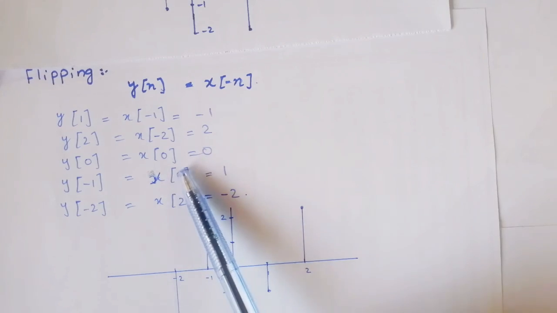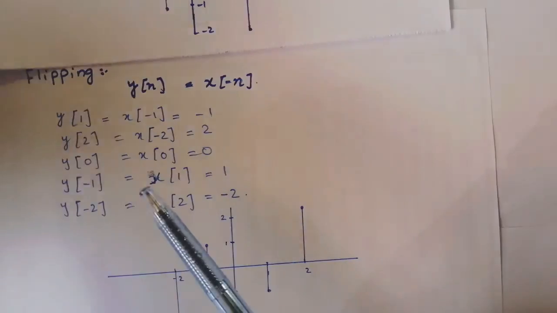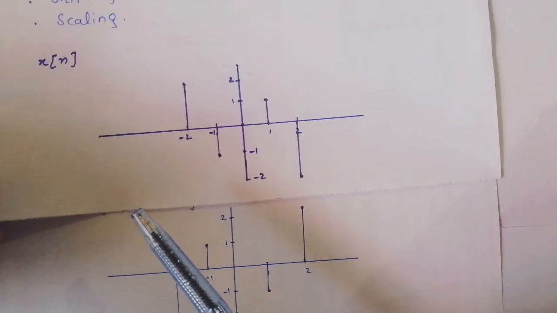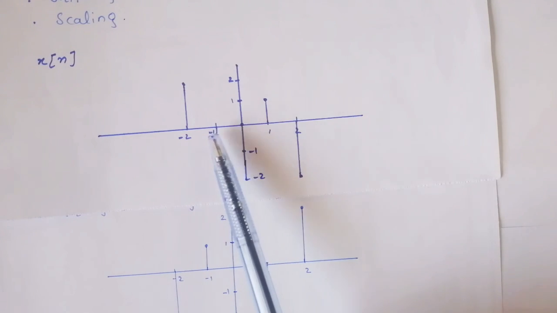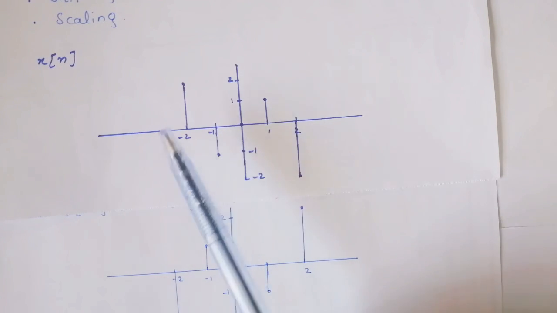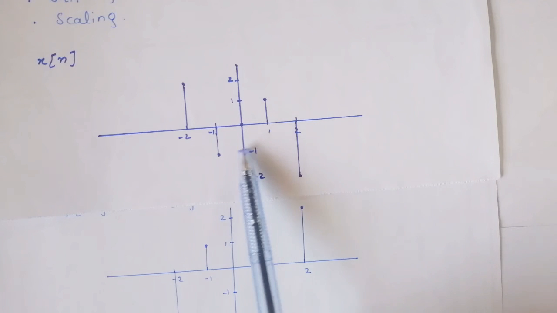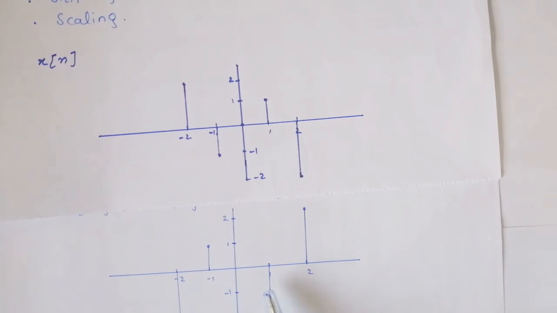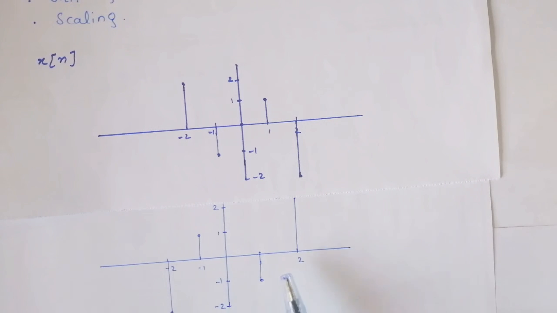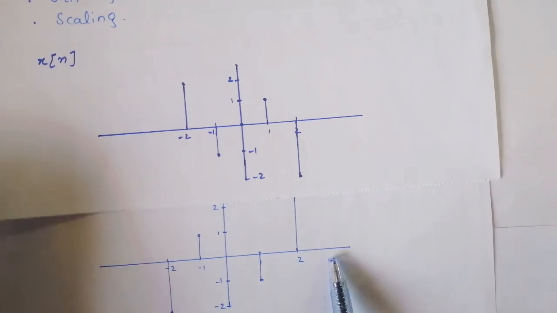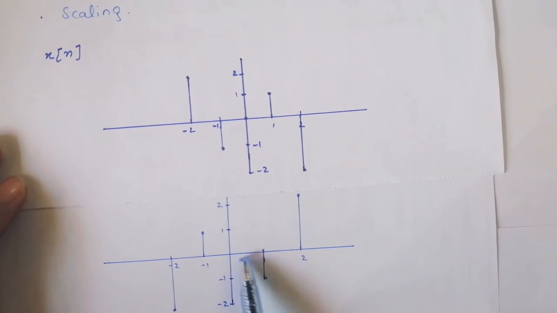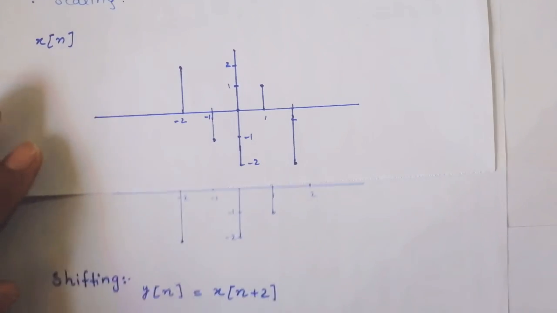You will find the values by putting the index in here, and graphically you can see that at -1 and -2, the values were -1 and +2. In the flipped signal, these values are now on the positive side and these values are now on the negative side. So that's how flipping works.